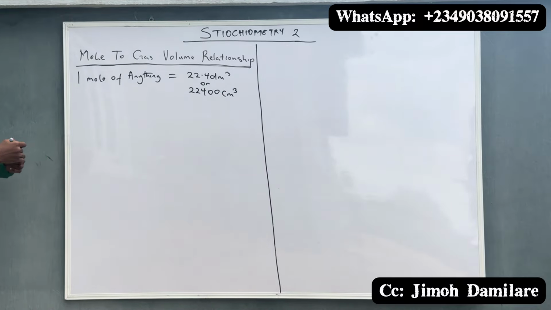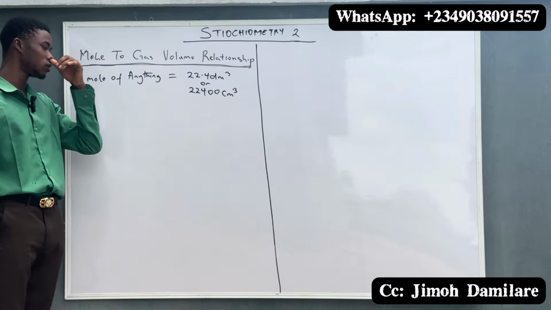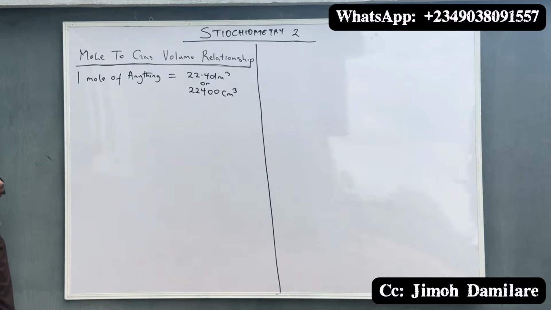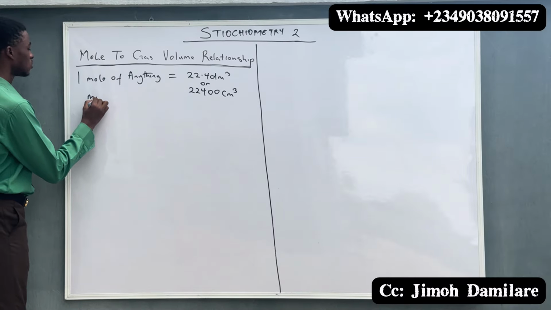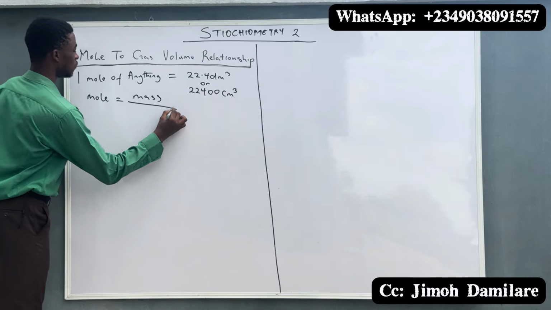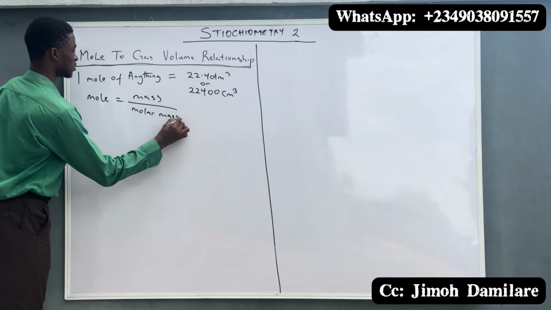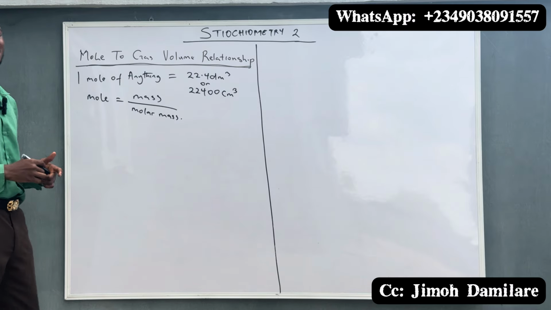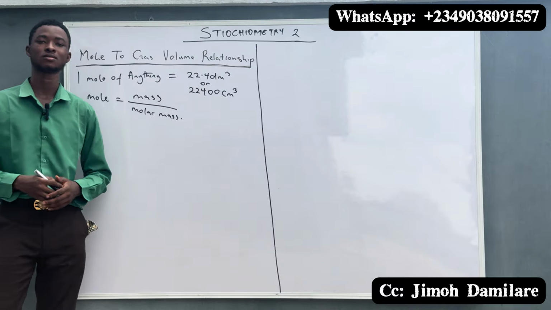Remember from our last video, we talked about this. And also we know that mole is equal to mass over molar mass. Let's look at examples under this and see how this relates to one another.